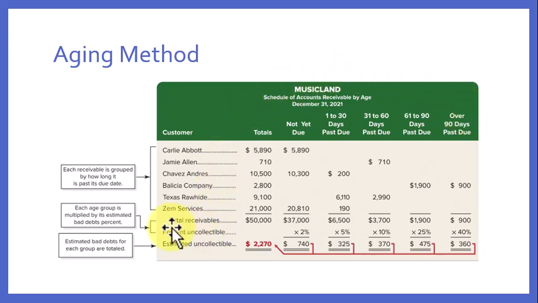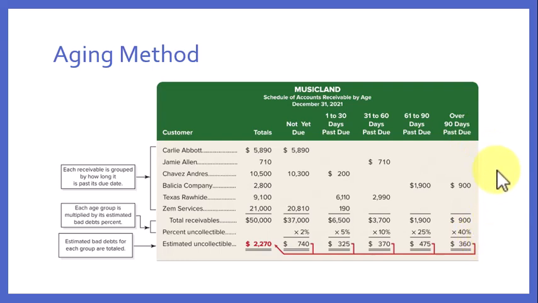Okay, and what you'll see down here is the percentage estimated as uncollectible. The older the receivable gets, the bigger that percentage gets, okay? And really, if you just think about it, it makes sense. The older a receivable gets, the less likely we are to collect it.